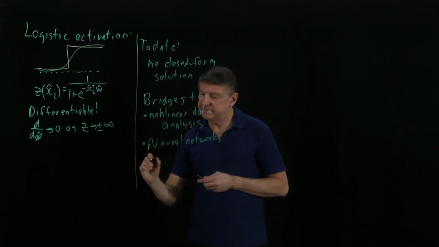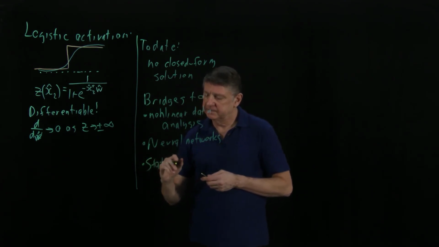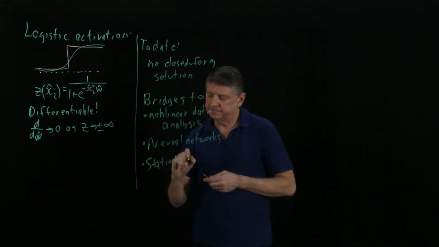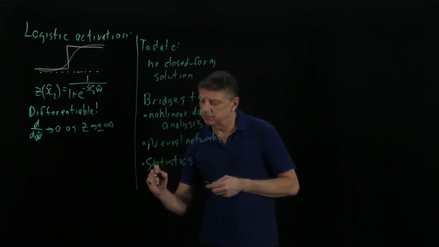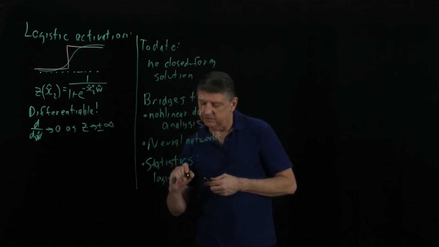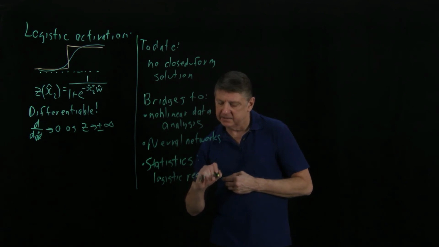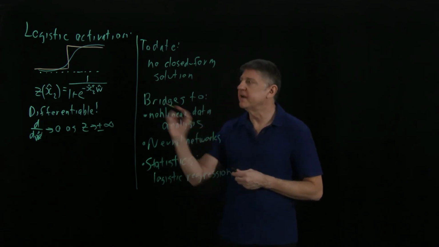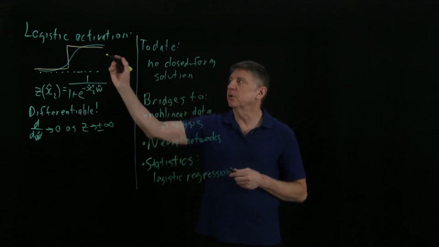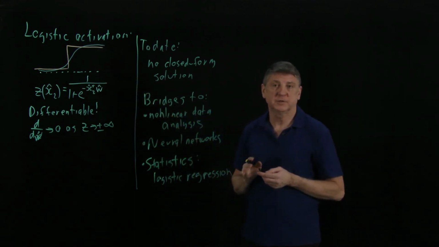And it also takes us into statistics, and in statistics, it specifically takes us to logistic regression. And logistic regression and finding the augmented weight vector for an artificial neuron with this activation function are very closely related.